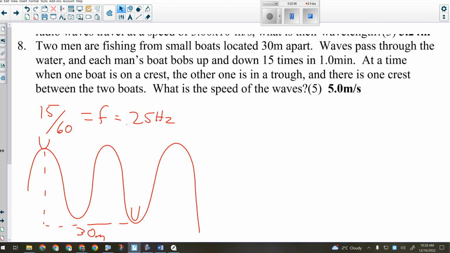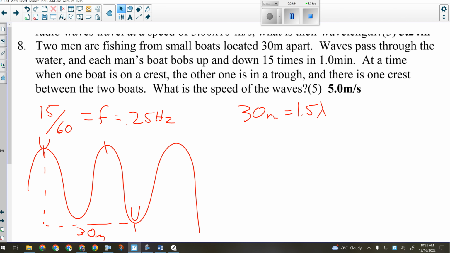How many waves is it? 1.5, because from here to here is one complete cycle, and to there is another half a cycle. So I know that 30 meters equals 1.5 wavelengths.